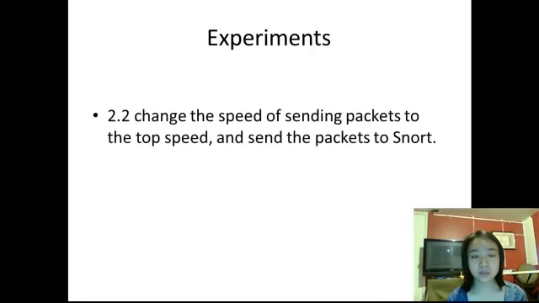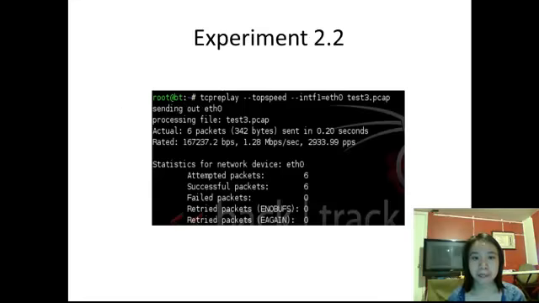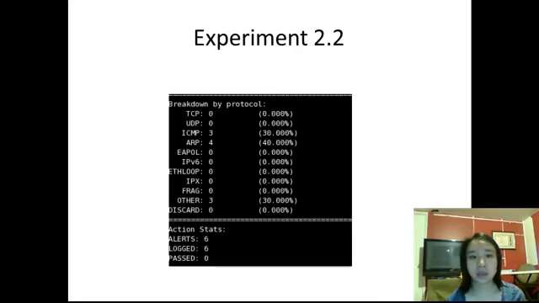The second experiment of the second group is that I change the speed of sending packets to the top speed and send the packets to Snort. We can see that I attempted packets 6 times, and the result is Snort detected all of them with alerts 6 times.